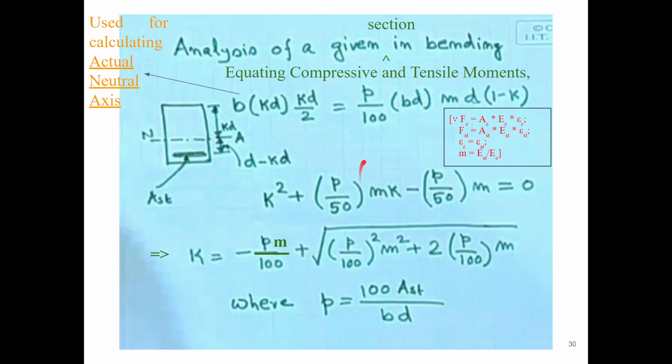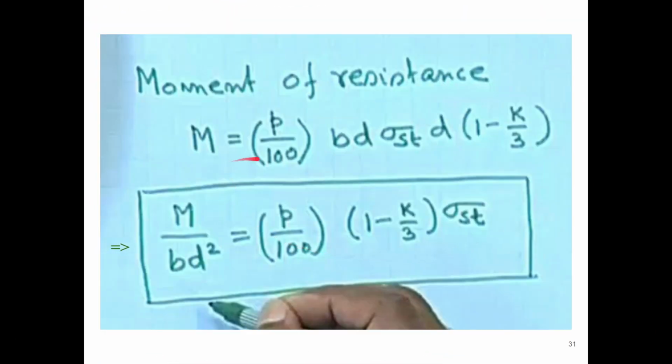It may look tough at face value, but if you go into detail, it is very interesting and you will love the subject. Using this, we can say that the moment of resistance M, if we calculate from the tensile part, will be AST into sigma ST into the lever arm.